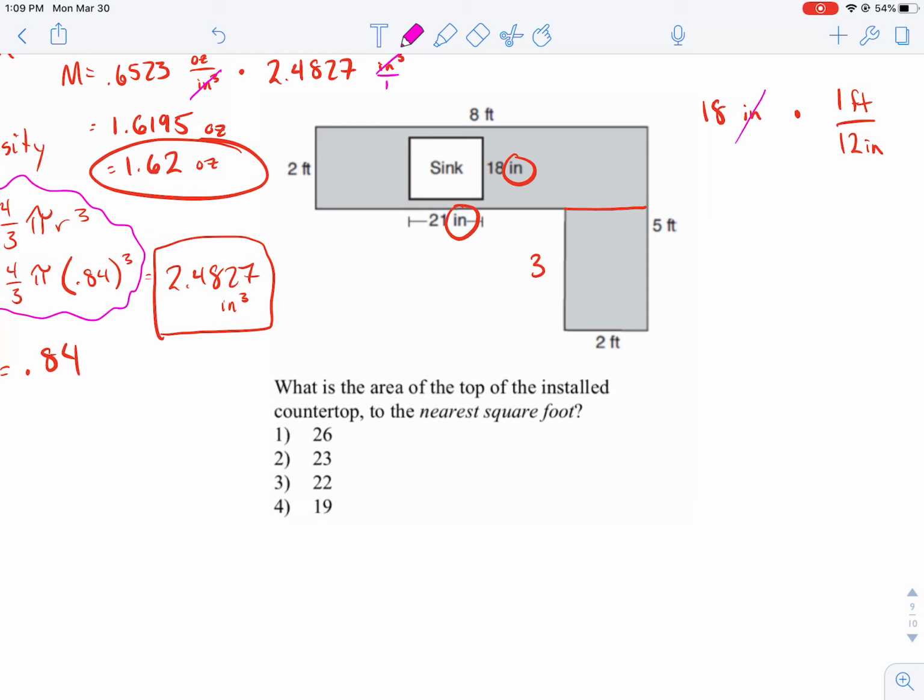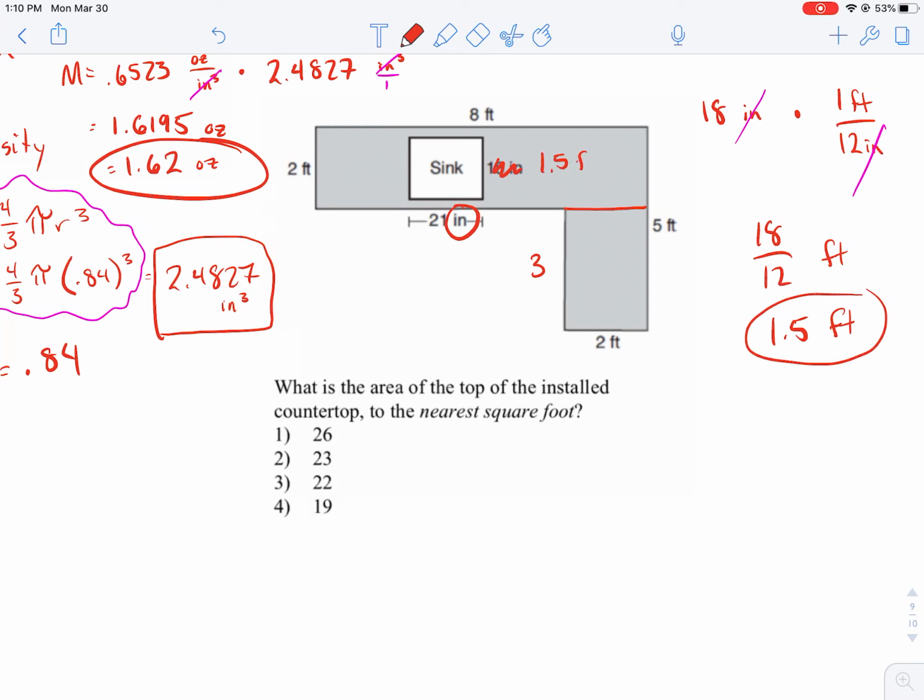What I just did there is set up a conversion to convert my 18 inches into feet. If you notice, the inches units will cancel, and our length is going to be 18 divided by 12, which is 1.5 feet.